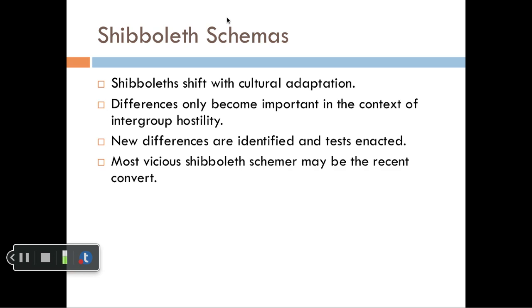So, and it says here that the most vicious shibboleth schemers may be the most recent converts. We can think of somebody who stopped smoking, who will be incensed when anybody is smoking around them. The same thing goes for people who adapt their speech from one culture to another. The first place we saw this most dramatically was when African Americans started speaking more European American in their language.